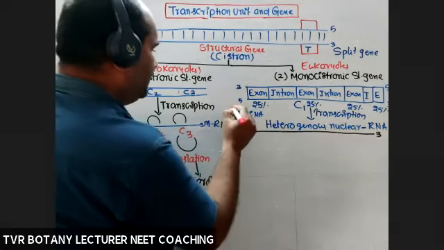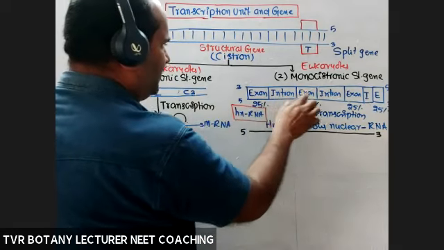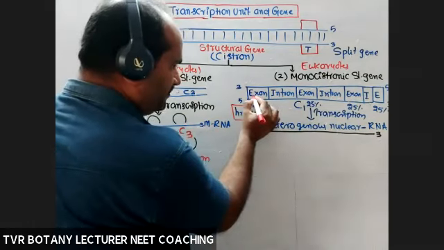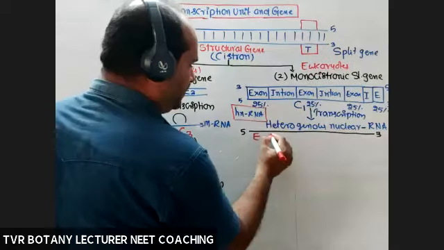Heterogeneous because of exon, intron, exon, intron. Different, right? Here also I am simply taking exon, intron.